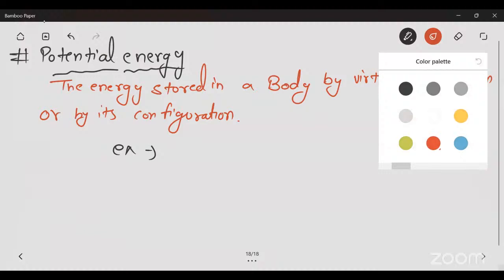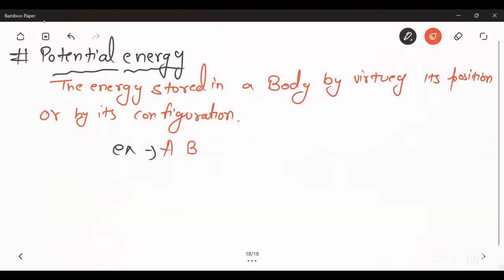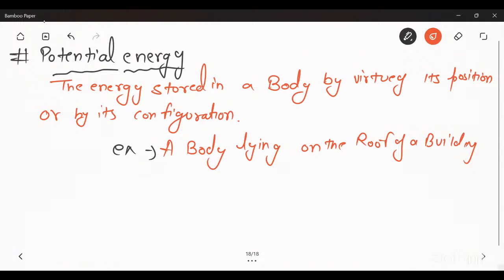So the examples of potential energy are a body lying on the roof of a building. Next example was water stored in a dam.